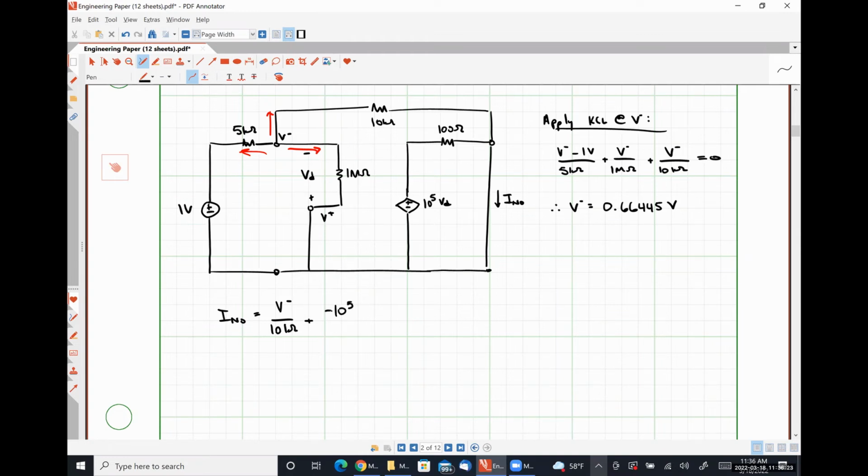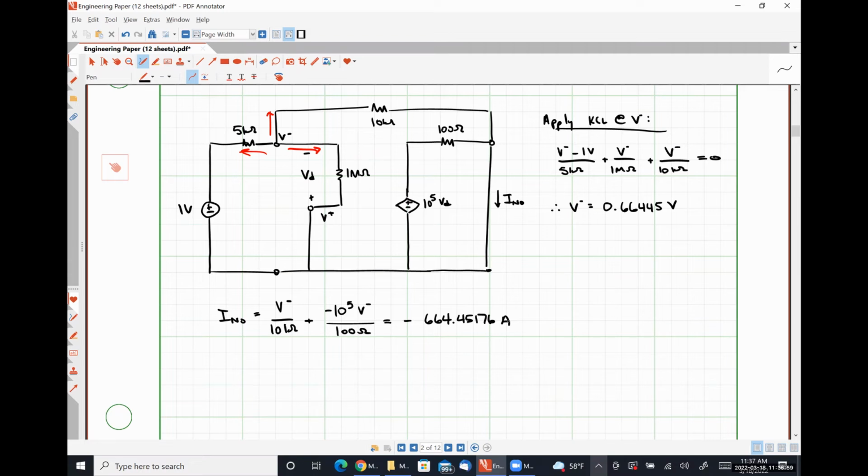So negative 10 to the 5 V minus divided by 100 ohms, which comes out to be negative 664.45176 amperes. I want to explain something here that should be obvious, but maybe isn't.